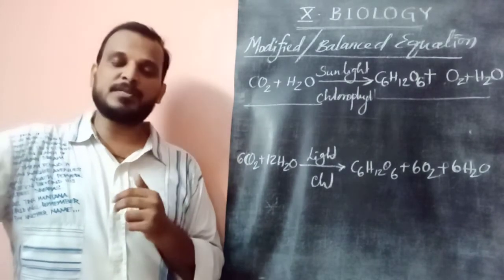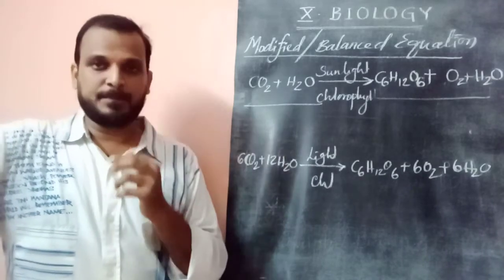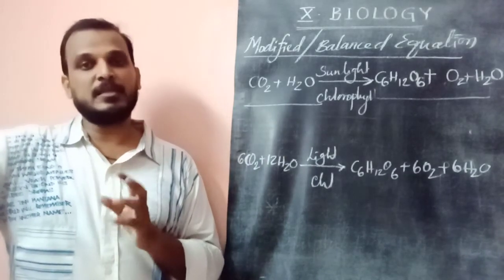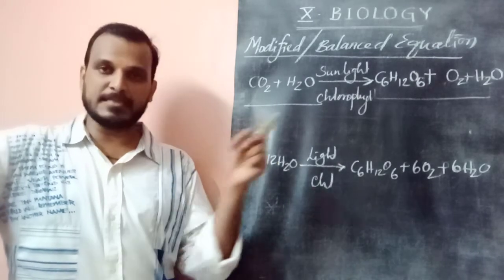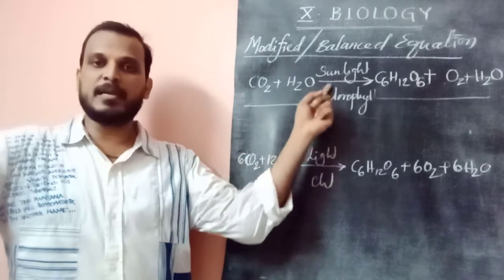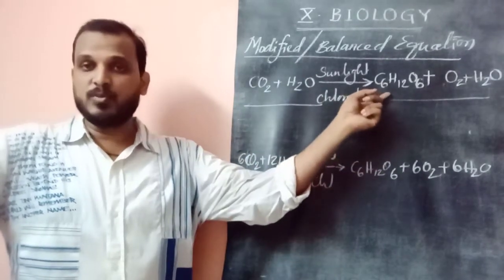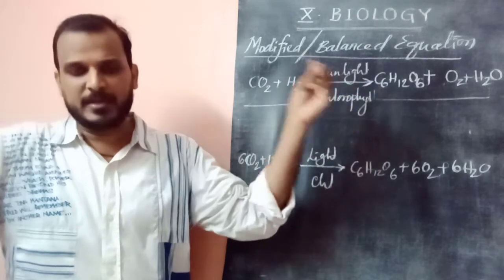We will get 2 equations in our textbook, dear children. I already sent you some pages of images. In that we can see the balanced or basic equation of photosynthesis as CO2 plus H2O, in sunlight and light, giving CH2O. What is CH2O? A simple carbohydrate.